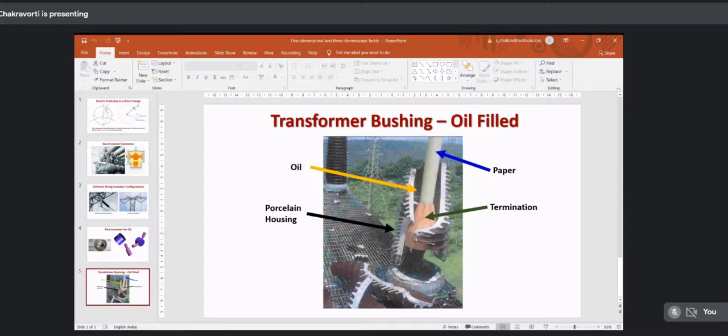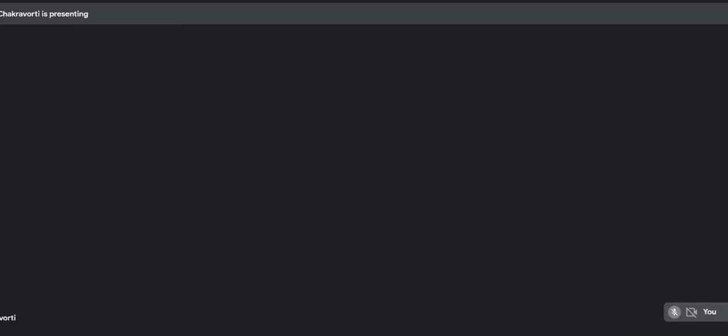So you can see, in just a very simple arrangement, I have four insulating materials involved. And now if I have to compute the field, I have to take all these materials into account. Otherwise, I will not get the correct answer. So what is needed is that I have to go for multi-dielectric field computation.